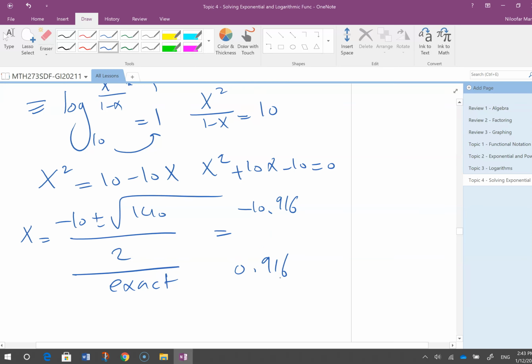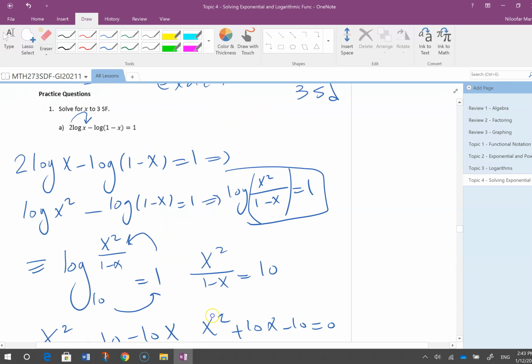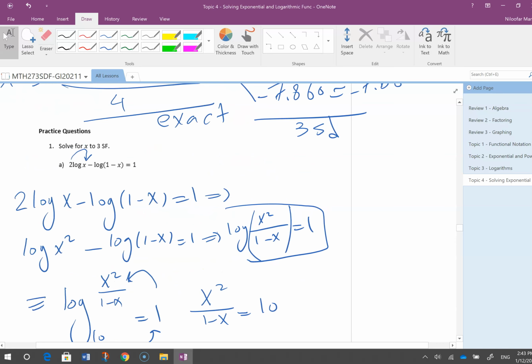In this case, you have to remember that you have logarithm of something: logarithm of x, logarithm of 1 minus x, logarithm of x squared. You have to check if the answer is valid. Why? Because logarithm is not defined for negatives.